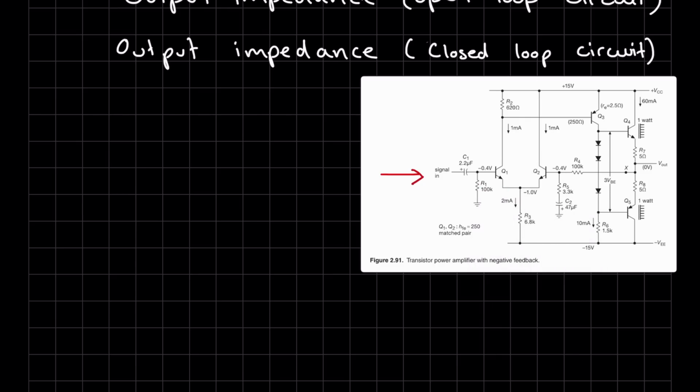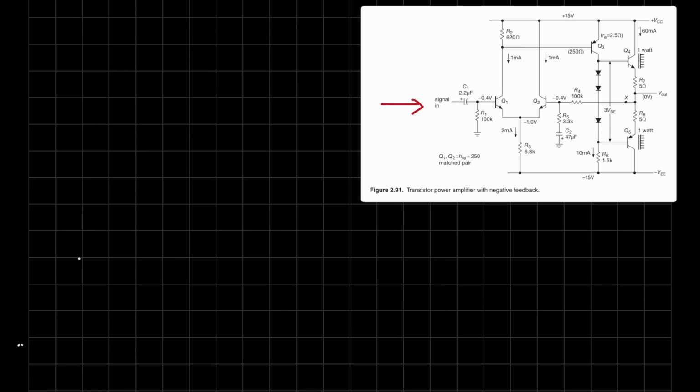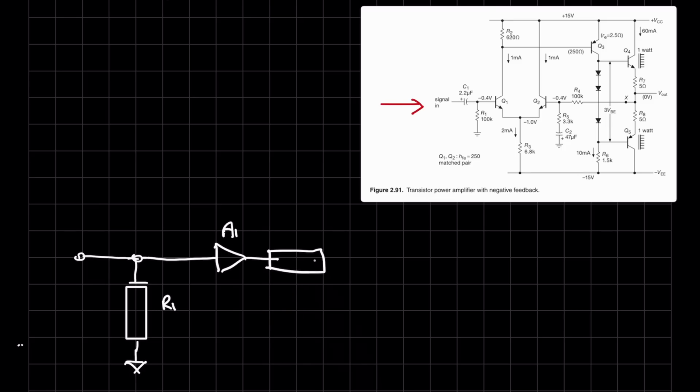So let's draw that out now. We have our input signal, which is R1. We have some gain from our Q1, so I'm just going to call that A1. We have an intrinsic emitter resistance as part of this circuit here, so let's call that RE1.